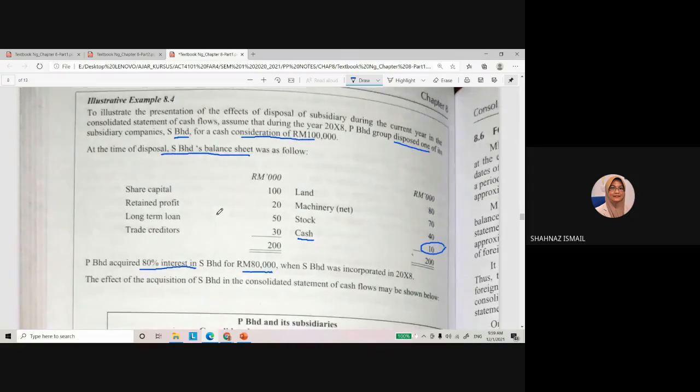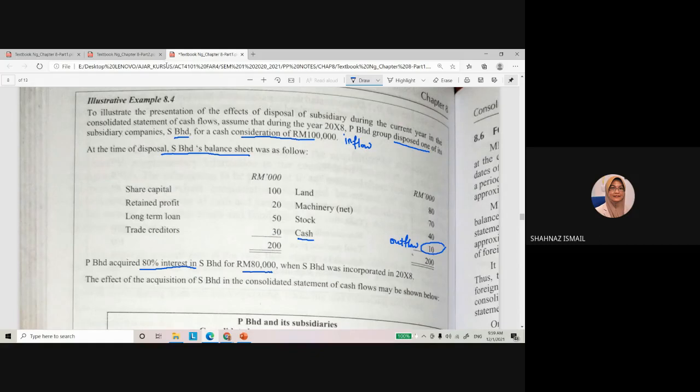Okay. So when disposal tadi MFRS 107 kata kita masukkan di bawah investing activities. So disposal of subsidiary akan masuk di bawah investing activities. Dan sini because 100,000 ini adalah inflow sebab kita jual dan ini adalah outflow.